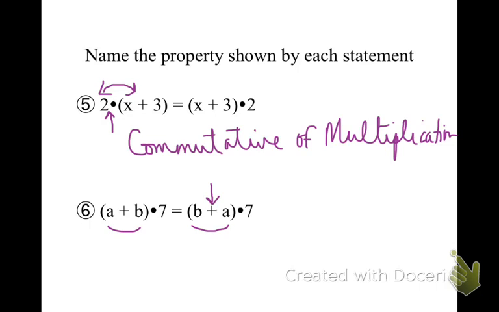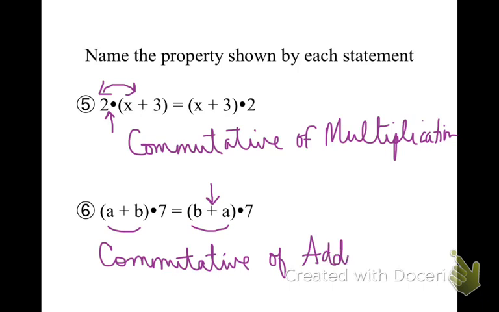They changed places. So this becomes commutative of addition. So we're going to take a look now at several more examples in class, and then you should have enough information to be able to identify the properties of algebra.